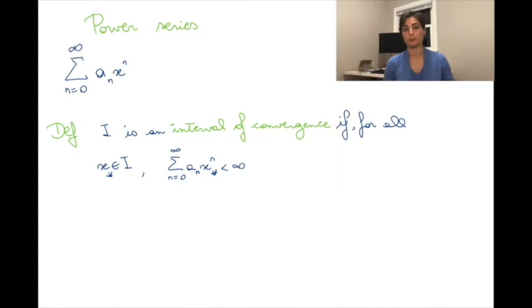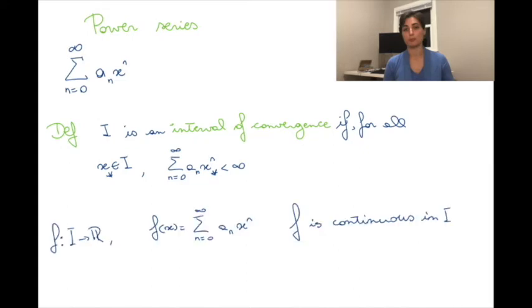It converges to a given value. That value obviously depends on x itself. Furthermore, if there is an interval of convergence, then the function defined by the power series on that interval is continuous. You have to stay within the interval because outside of the interval, that function might not exist.